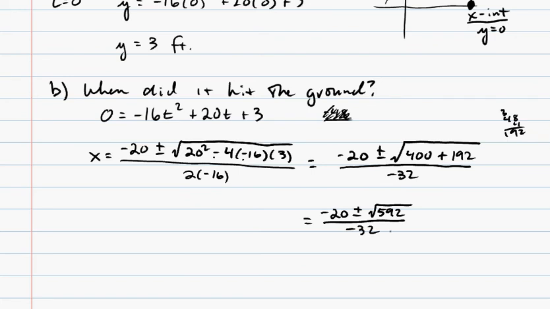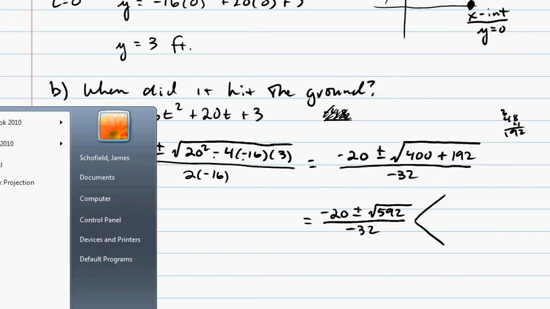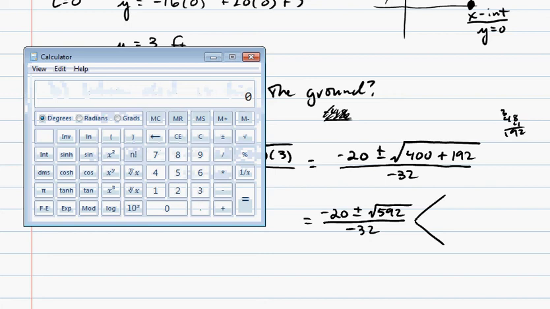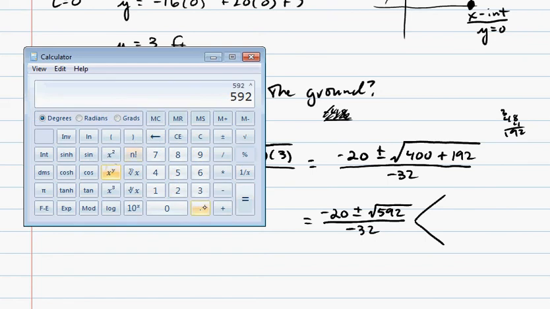Alright, now let's work out the two different answers here. Pull up a calculator here. So first let's calculate the square root of 592. On this calculator I have to do the power of 0.5. Okay, so the square root of that is 24.33.